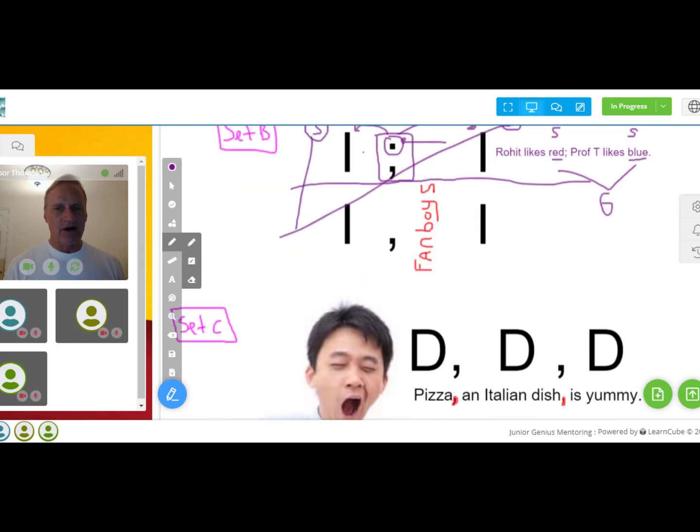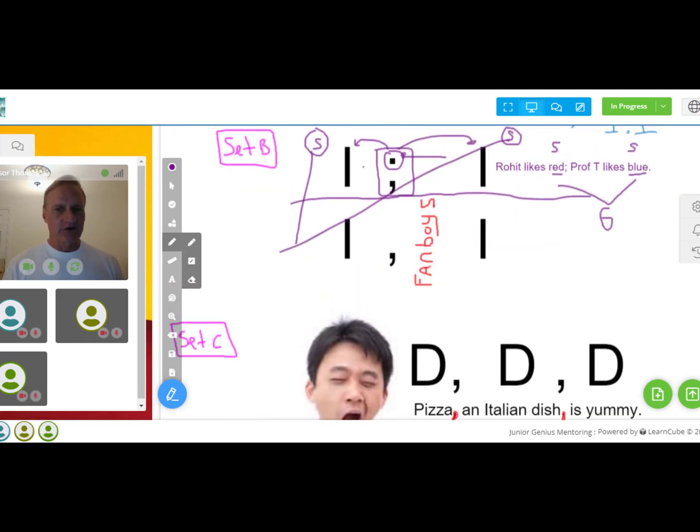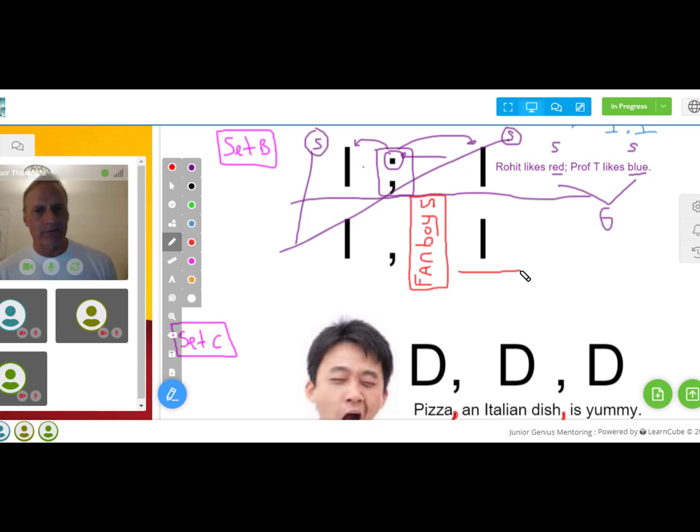Now with a fanboys, you're going to have an independent clause, a comma, and then in this box right here, and let's go ahead and circle it in red, the word right after the comma is a fanboys word, and then after that you're going to have another independent clause. Now, why do I link these two together in set B, a dot comma and a fanboys? Because it's pretty much the same thing.